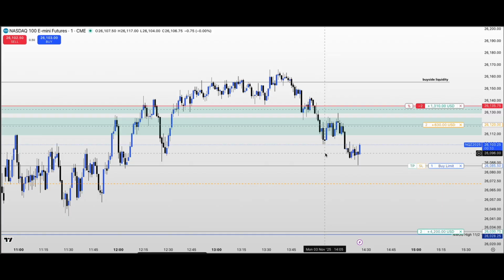That's why we're seeing some resistance here. But we're respecting this imbalance right here. Sorry, this inefficiency, where the bodies are staying below the low.